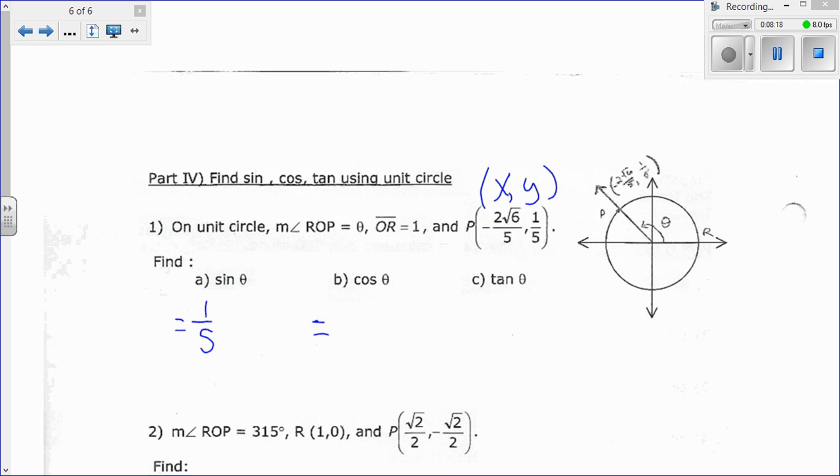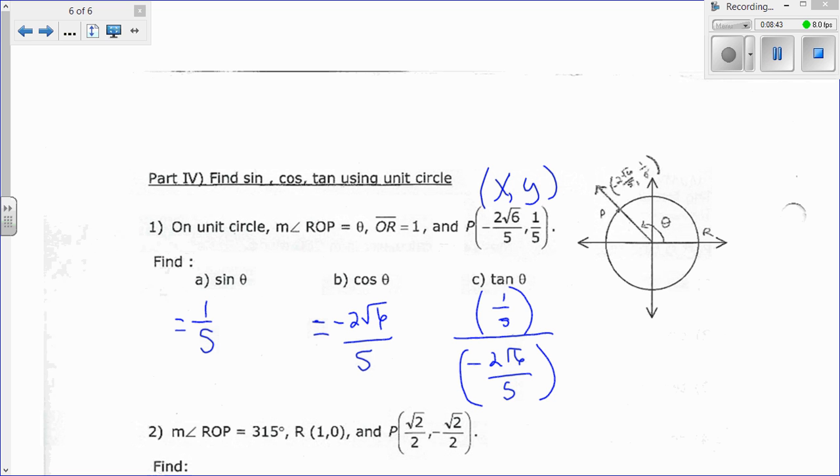The cosine is my x value at a point, so my x value is negative 2 radical 6 over 5. And then the tangent is sine over cosine, or y over x, so it's 1/5 over negative 2 radical 6 over 5. That's all fine and dandy, except we cannot have a complex fraction.